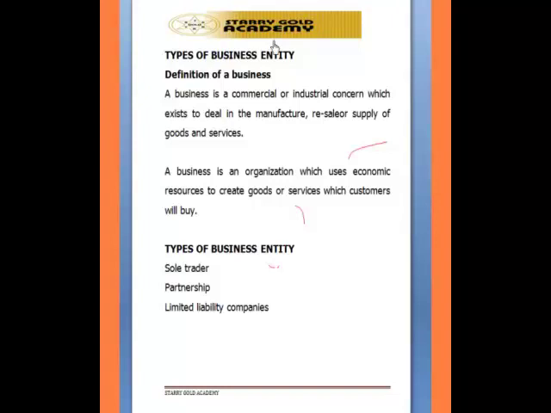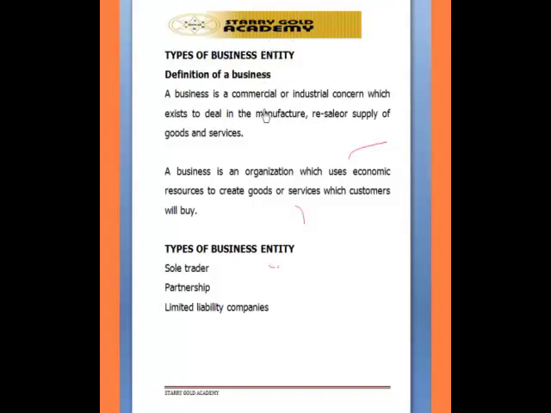A business must be a commercial entity, so that the business is producing, at least from the manufacturing angle, or the business is there to resell. The key word is that there is a financial transaction.